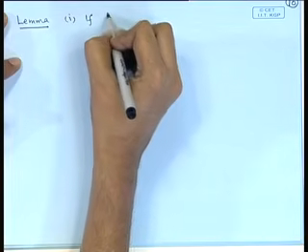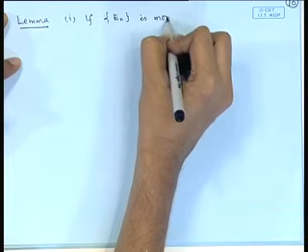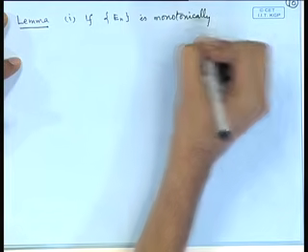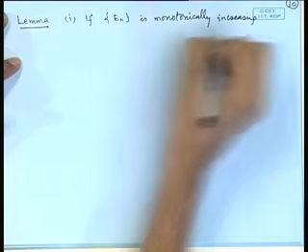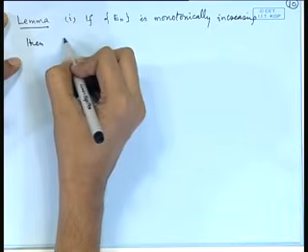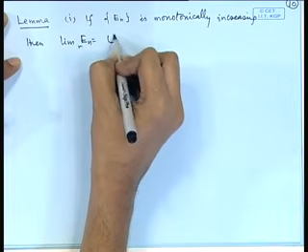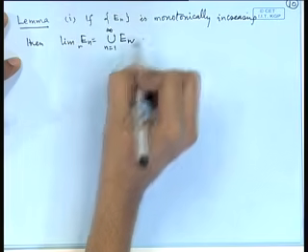If E n is monotonically increasing, then limit of E n is equal to union of E n, n is equal to 1 to infinity.